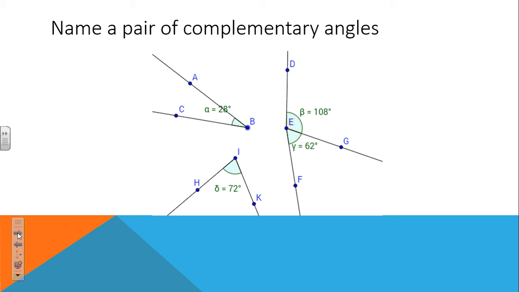Remind me, what does complementary mean? Sum up to 90 degrees. So find 2 angles in that first box that will add up to 90 degrees.